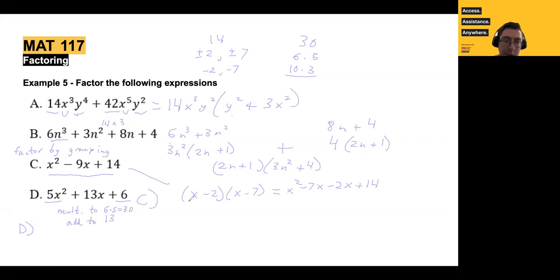But obviously we can't just put x and x like this because there's a 5 in front of the x squared.